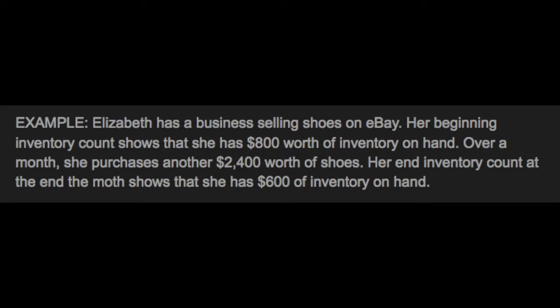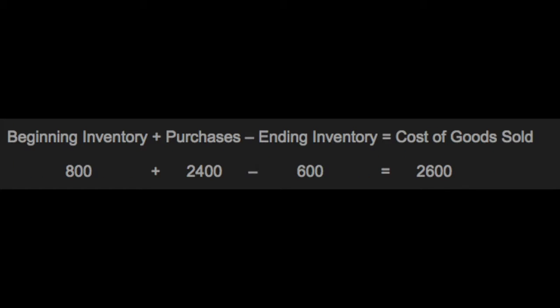Her end inventory count at the end of the month shows that she has $600 worth of inventory on hand. So the equation would be the beginning inventory, 800, plus the purchases, 2,400, minus the end inventory, 600, which is equal to a grand total of 2,600 for the cost of goods sold.